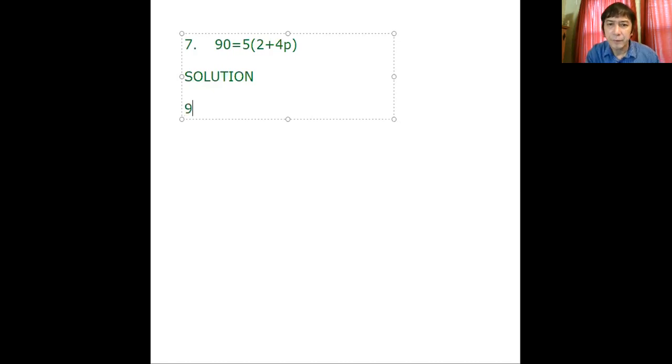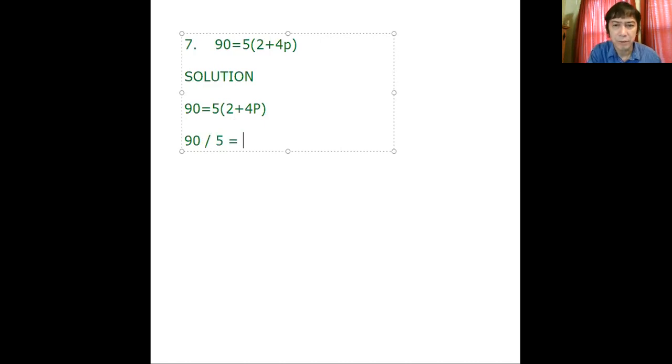So from 90 equals 5 times the quantity 2 plus 4p, my next line will now be just division by 5. 90 divided by 5 for the left side. For the right side, we have 5 times the quantity 2 plus 4p. We divide this also by the same number, 5.